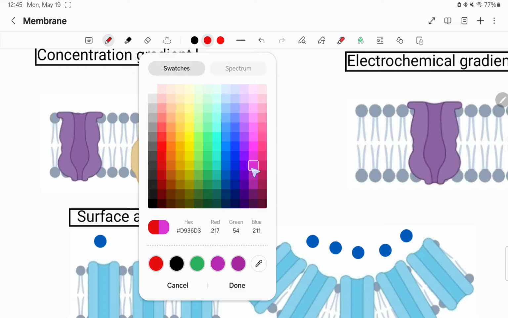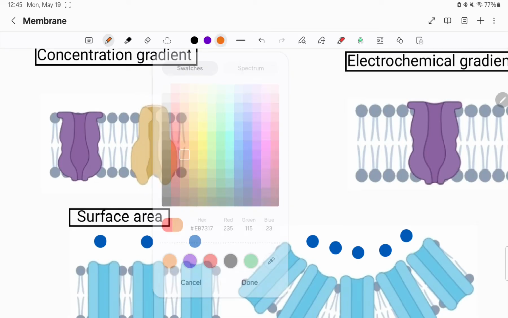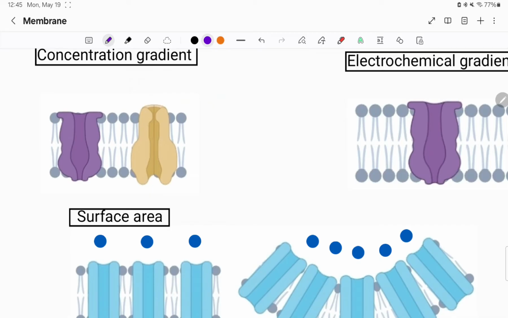So let's give it a real world example. First things first, molecules like to move down their concentration gradient. You know there are two types of ions: the ones that are positively charged are called cations, and any that is negatively charged, for example chloride, is called an anion.